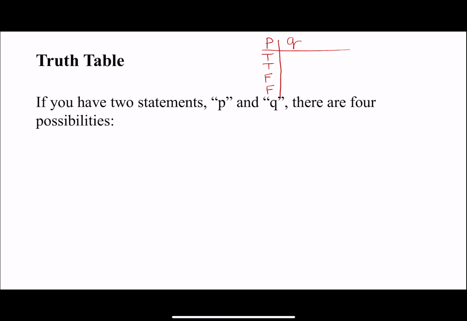So, only focus on the case that P is true. When P is true, you have two options for Q: either true or false. Now just focus on the case that P is false. When P is false, you have two options for Q: either true or false. Now we have four possibilities: true, true, true, false, false, true, false, false.